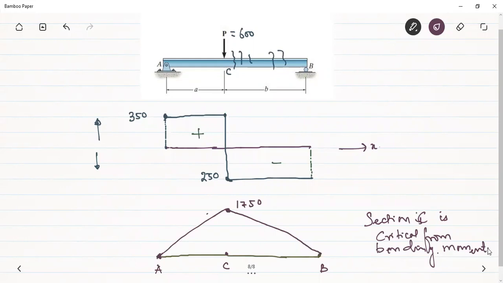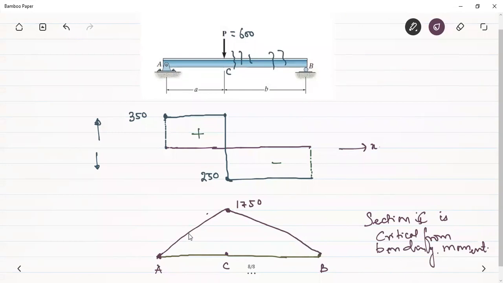So if in between 2 point loads there isn't any load acting, we have 1 point load at A and another point load at C. The shear force will remain constant during that time. But what will be the variation of the bending moment? It will vary linearly.